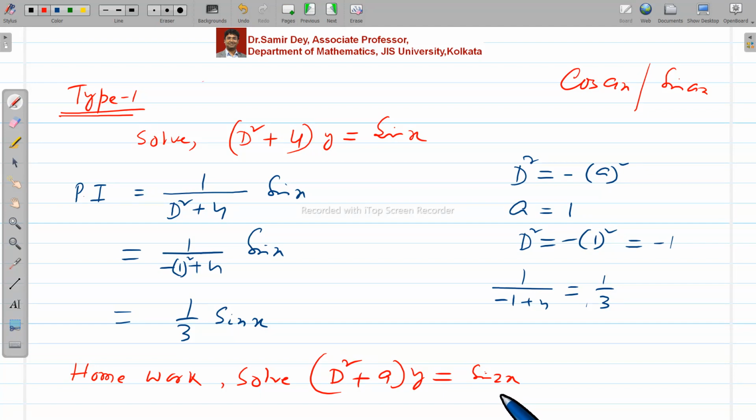Now anyone, please write in chat box. What is a in this homework? Very good. a is equals to 2. Good. So I think now we can solve. Please try to solve it. I'm giving 5 minutes time. It requires not even 2 minutes.